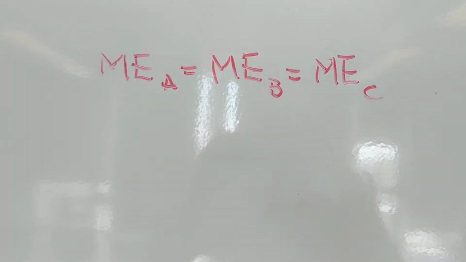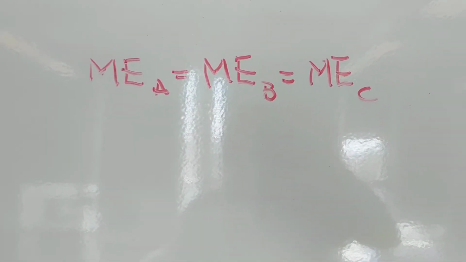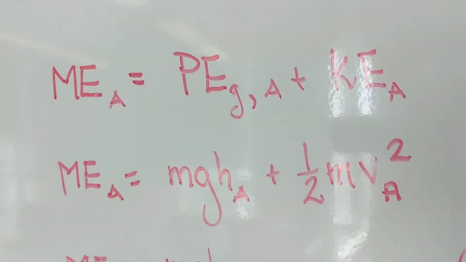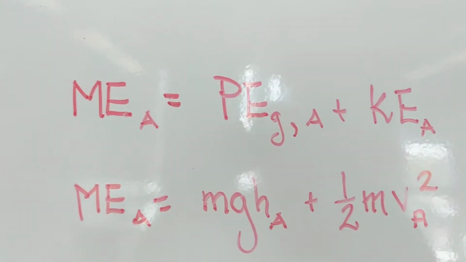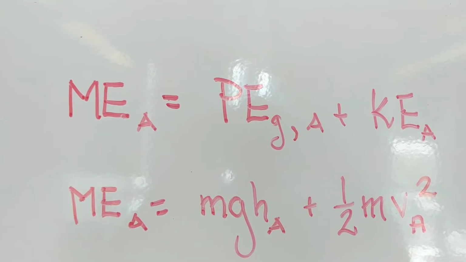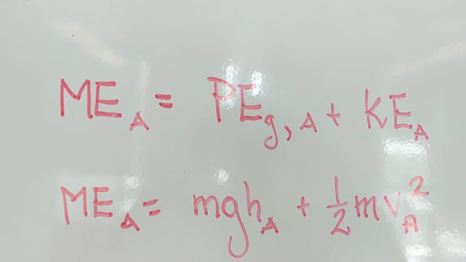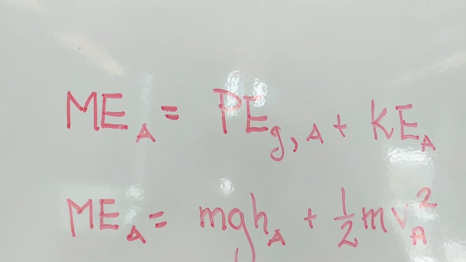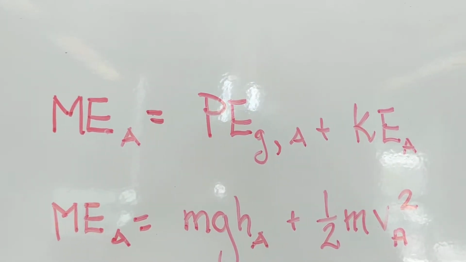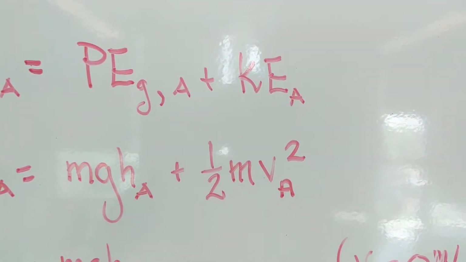It might take different forms, energy changes from one form to another, but overall the total energy is the same at every given point. And let's look more specifically at point A. The mechanical energy at point A is going to be equal to the gravitational potential energy of the marble at point A plus the kinetic energy of the marble at point A. And if somehow there was a spring involved in this system and I was launching the marble with a spring, I would have to add a third term for the potential energy stored in the spring.